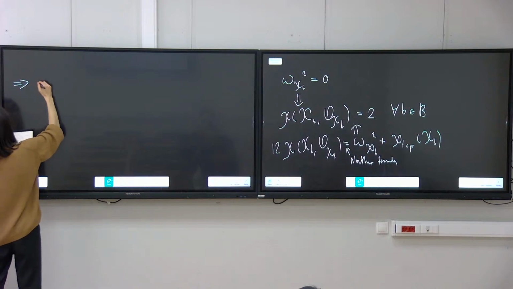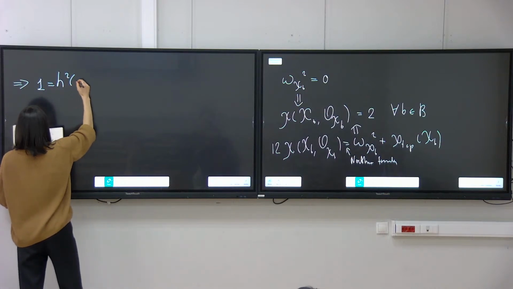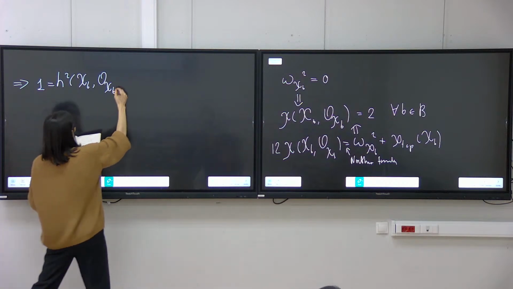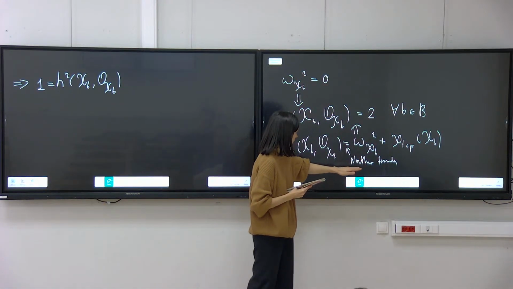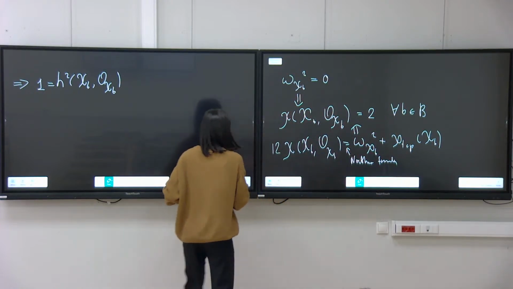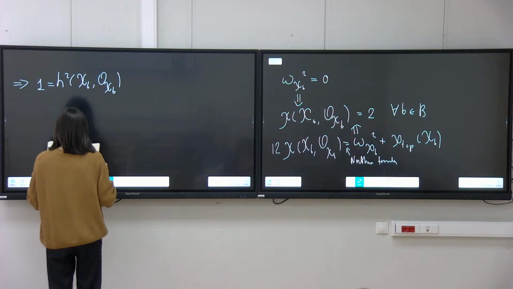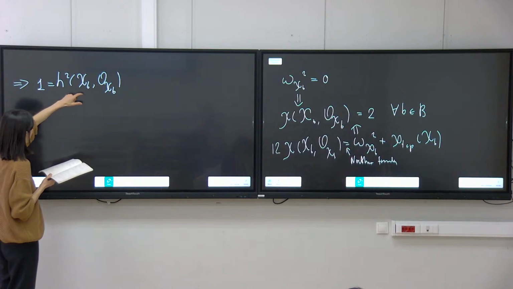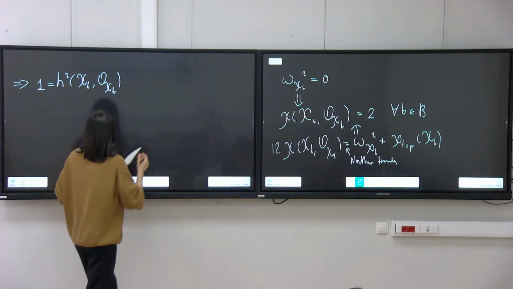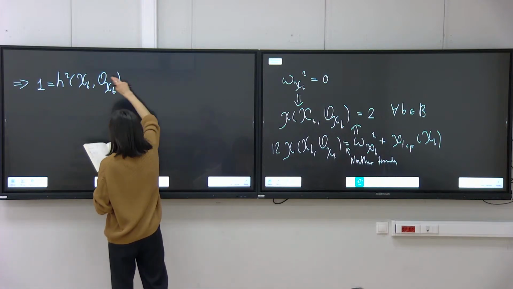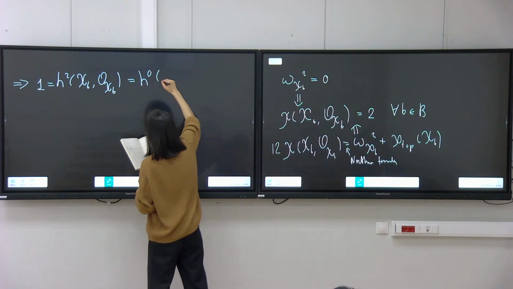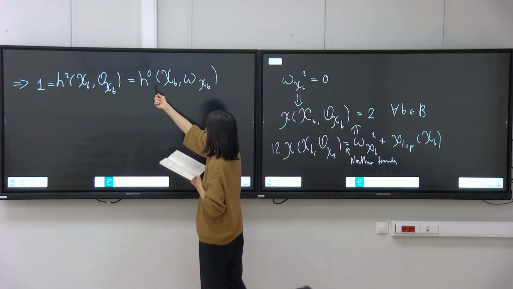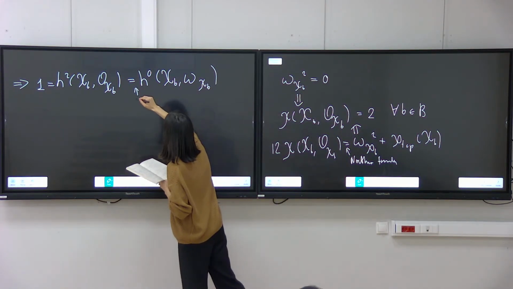From this, we obtain that the second cohomology should be equal to 1-dimensional, because we have already shown that the first cohomologies vanish, and we know that the global sections are 1-dimensional. So the second cohomology is one-dimensional, and by Serre duality this is equal to the global sections of the canonical bundle.